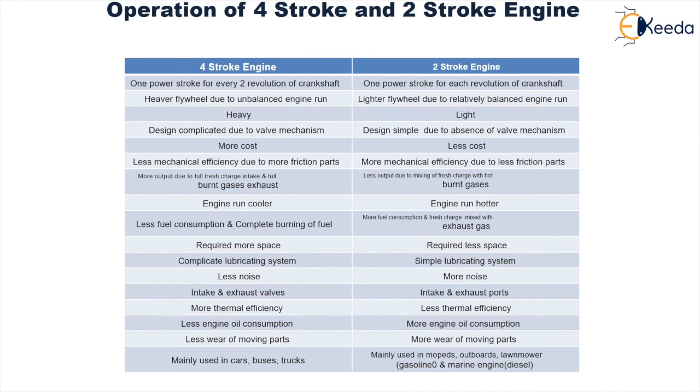Hence, you need to add the lubricating oil along with the fuel. Hence, over here, more engine oil is consumed. Since engine oil is present over here continuously, less wear of moving parts, and since engine oil is not present in the crankcase, more wear of moving parts.